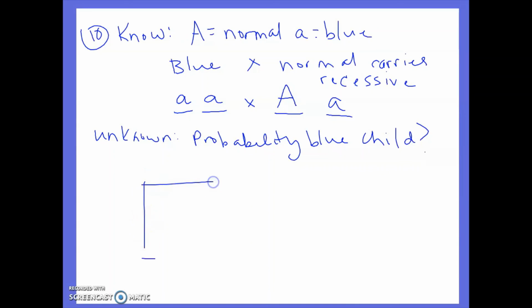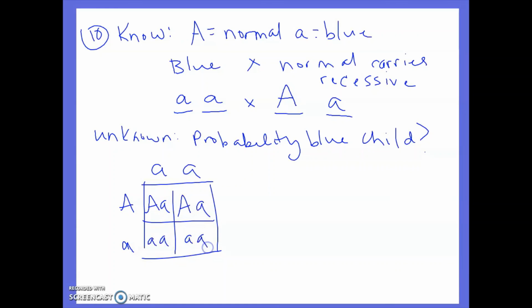For our Punnett square, we would do homozygous recessive and heterozygous, and fill in our Punnett square. What we should find is that we have our little a's down here, and so our answer to the question is that there is a 50% probability of having a blue child.